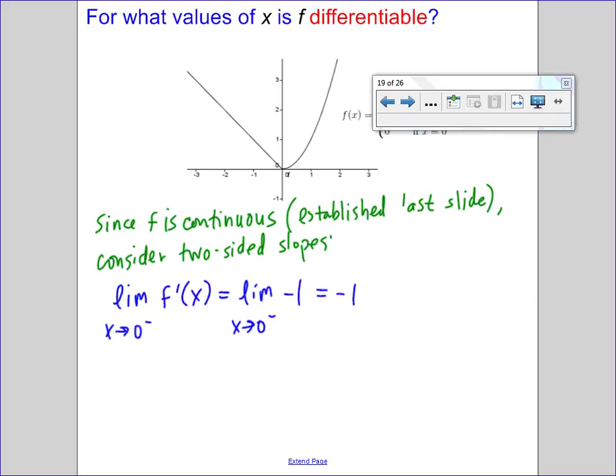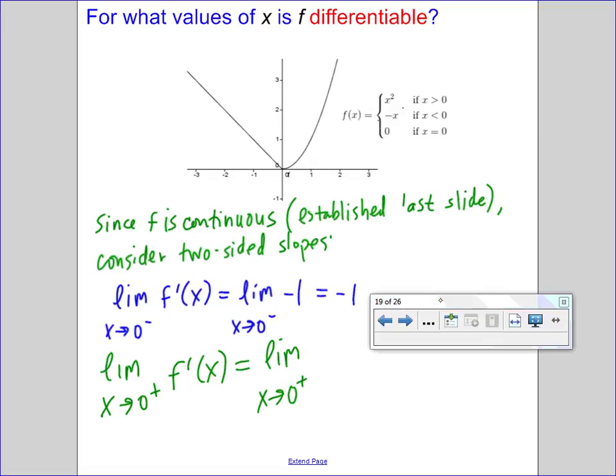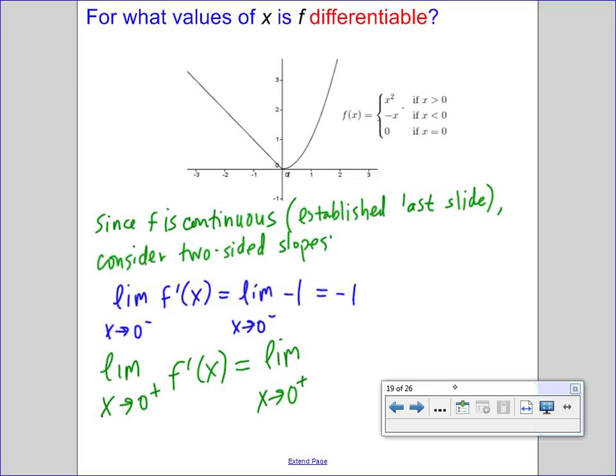But that's not all. We need the right-hand slope. So we're focusing now on the limit as x approaches 0 from the right-hand side of not f of x, but f prime of x. Brendan told us to use the top function definition for that. f prime would not be x squared, it would be 2x. Is 0 in the domain of my expression 2x?